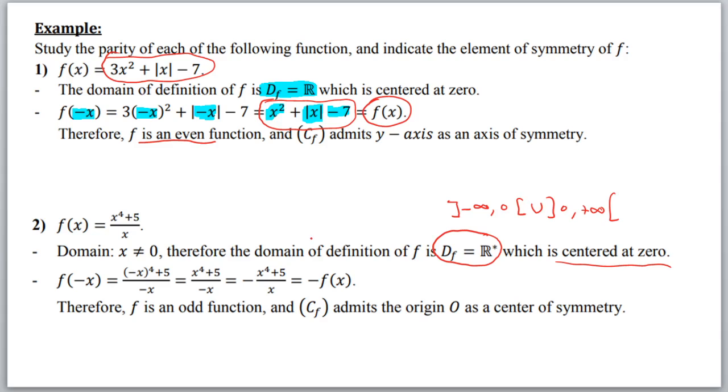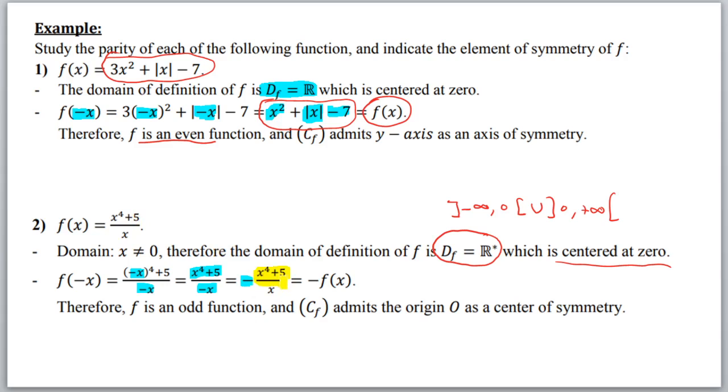هيدي أول شيء. Second, f of minus x equals minus x power 4 plus 5 over minus x. And then it's equal: نحن بنعرف إنه minus x power even بيطلع بتطير النيجاتيف، فإذا x power 4 plus 5 على minus x. نشيل الماينس outside: minus, x power 4 plus 5 over x.